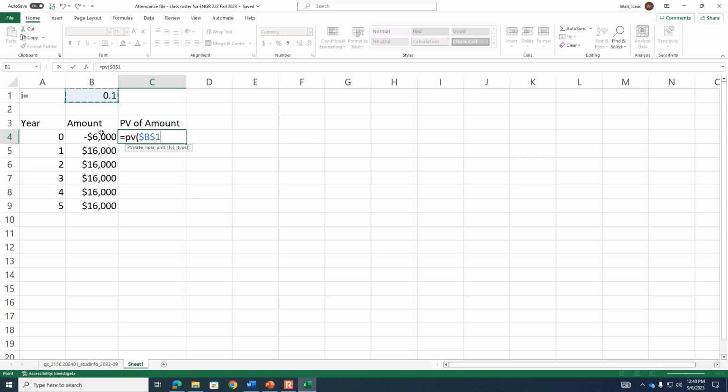That means that when I drag the formula down, it'll always look in this location for the rate. For NPER, that means the number of periods. So that means I need to click on this time location here. I'm going to put in a double comma to skip over the payment field because I want to treat each one of these amounts as just an individual future amount. So I'm going to put a minus sign to manually override its assumption that I told you about earlier. Then click in this location and close parentheses.